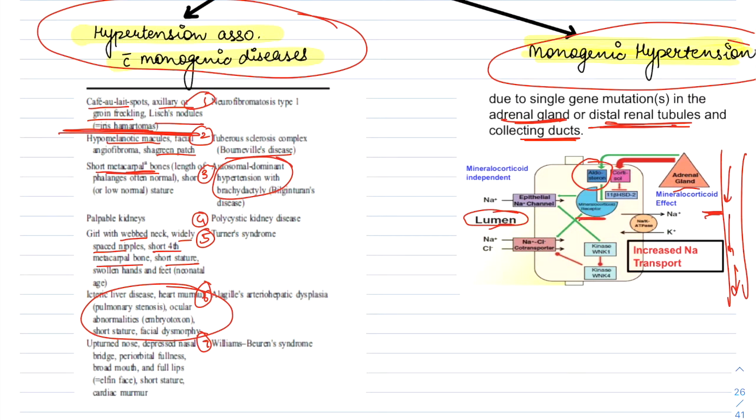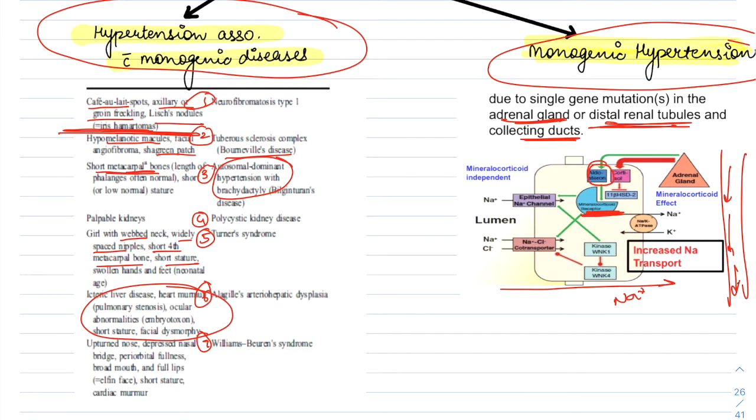The activation of the mineralocorticoid receptor causes an increase in the activity of the epithelial sodium channels and the sodium chloride co-transporter. So this is how increased reabsorption of sodium in the distal renal tubule occurs by the action of aldosterone on the mineralocorticoid receptor.